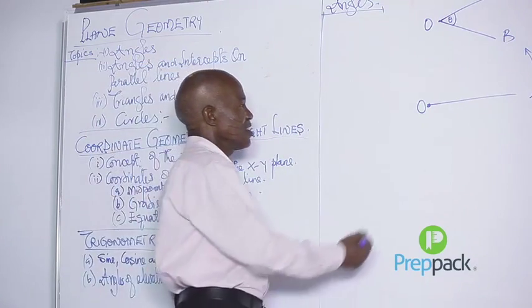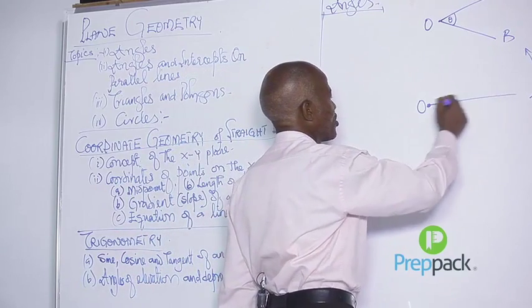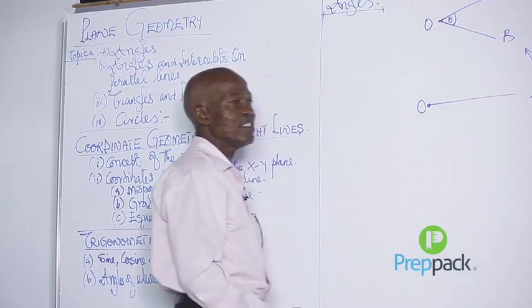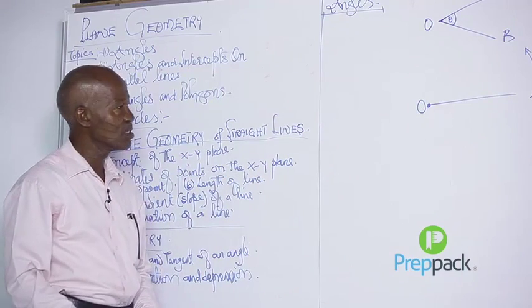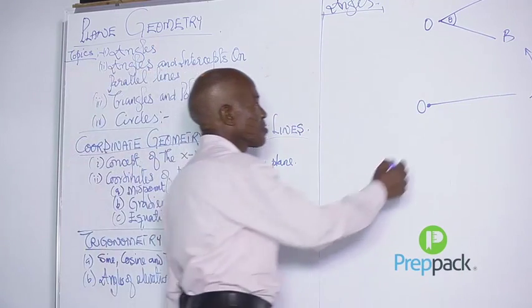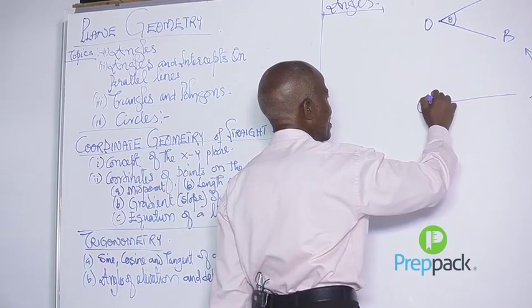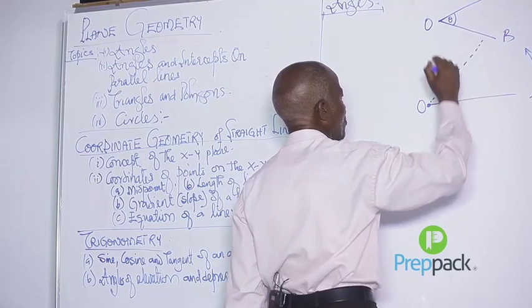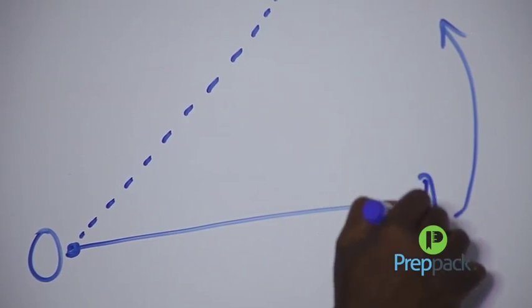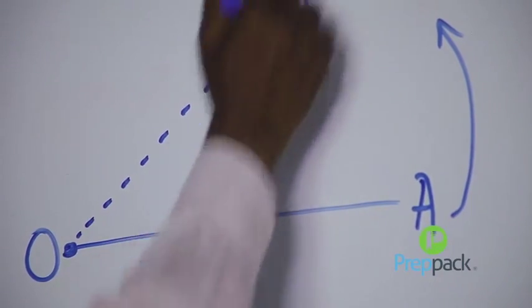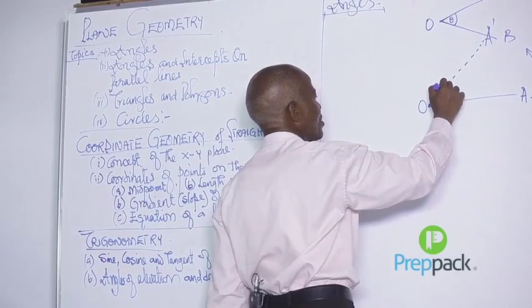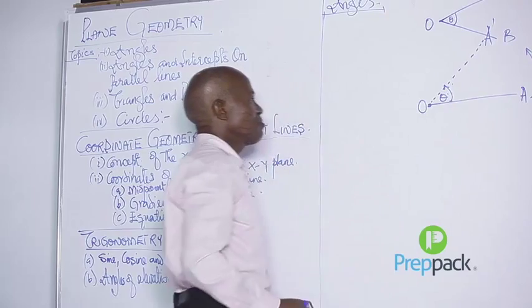And the zero angle is always considered to be in the first quadrant. Now, if this is rotated, the next moment you can find it somewhere here. If this is A, then we have this to be A prime. The angle generated could be denoted by theta.